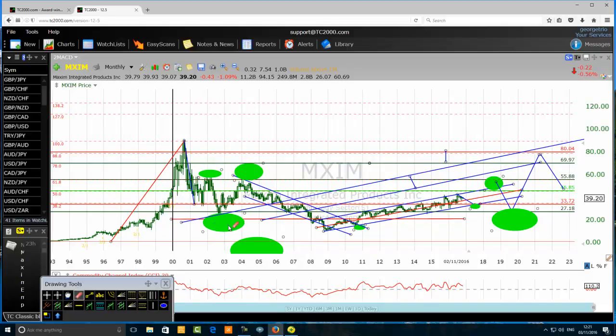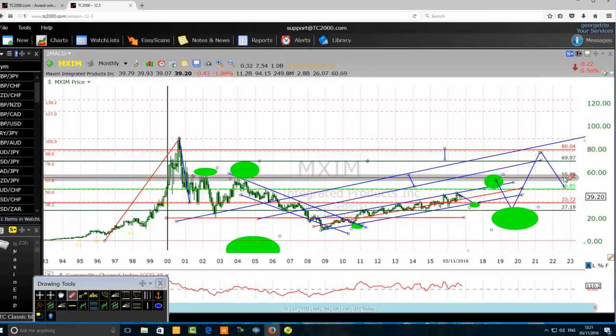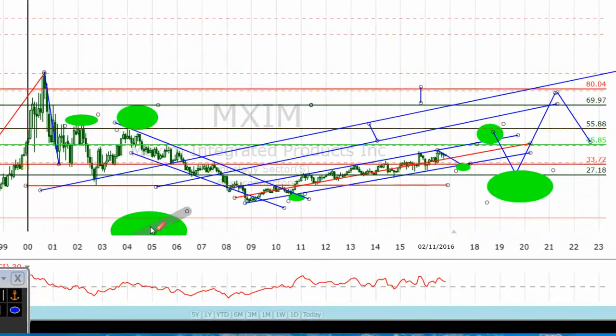So this is it. So very simple. The stock right now, where is it going? It's going to the zone of $45.85 and to $55.88. That's where it's going. How is it going there? It's going up in a rising channel, consolidating in a rising channel. Where is the first resistance? $45.85. That's the green line on my chart.